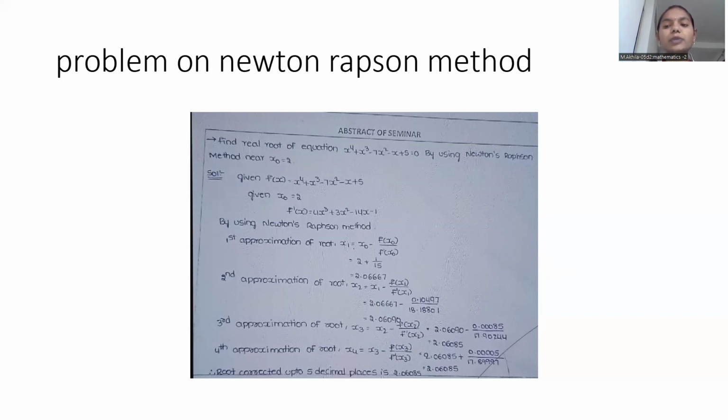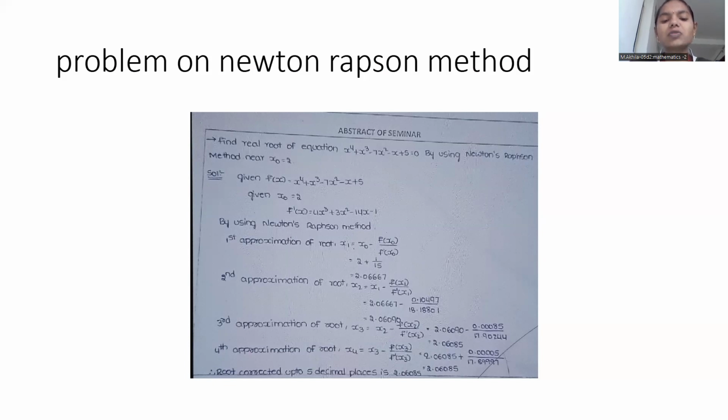Let us find the second approximation of the root. x2 equal to x1 minus f of x1 by f dash of x1. In the previous approximation, we got x1 as 2.06667. If we substitute the x1 value in f of x, we get 0.10497, and in f dash of x, we get f dash of x1 as 18.18801.